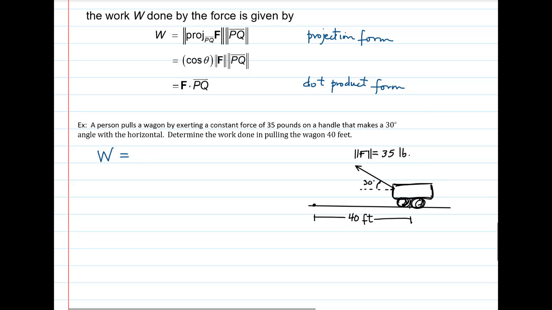Since we have the angle, it is convenient to use the cosine of theta, that second line of our formula, so we're using the projection.